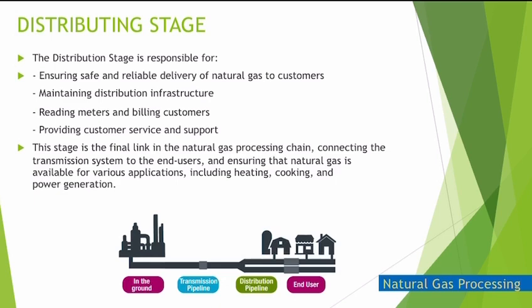This stage is the final link in the natural gas processing chain, connecting the transmission system to the end users and ensuring natural gas is available for applications including heating, cooking, and power generation. Below is a diagram illustrating how the gas is transported to the end user.